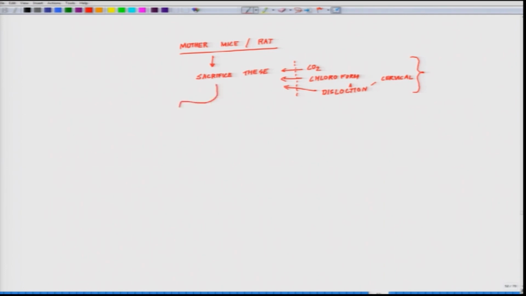Then post this you isolate the fetus, then you dissect out the brain, then you pull out the hippocampus.